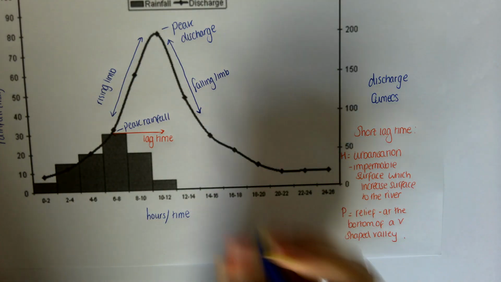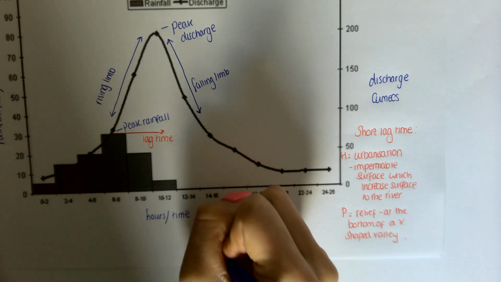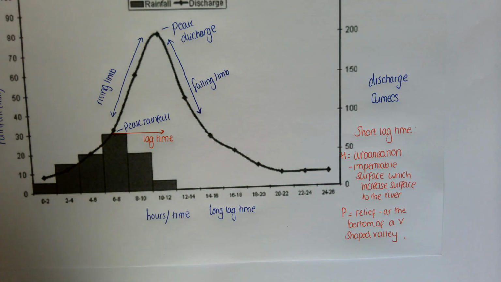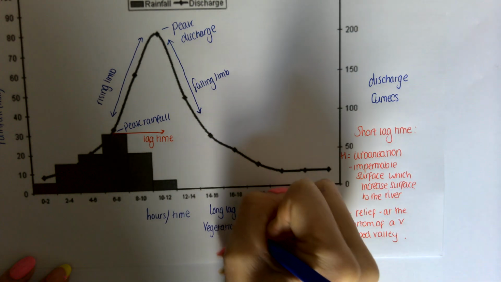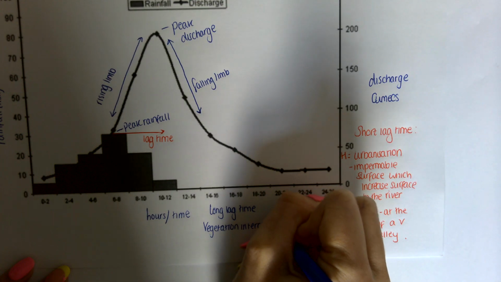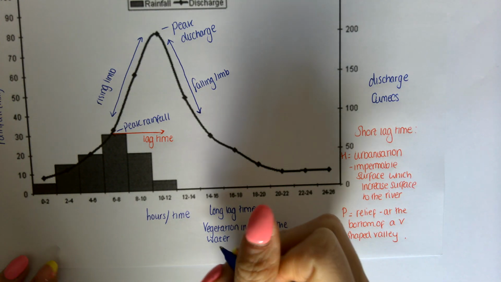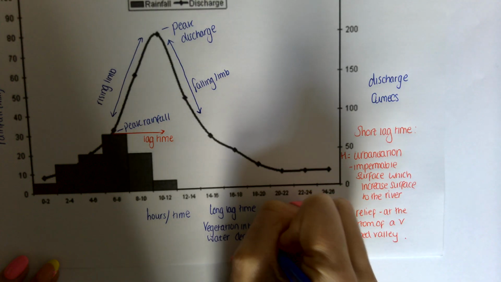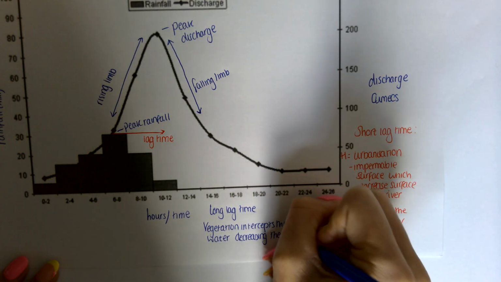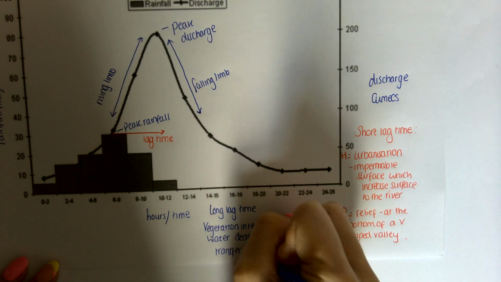You could also have a longer lag time due to a few reasons. One of those reasons might be to do with trees or vegetation. So vegetation, remember, intercepts the water, decreasing the rapid transfer of water.